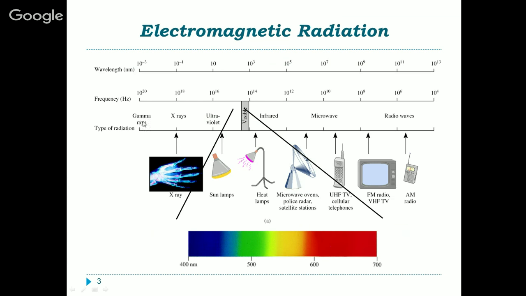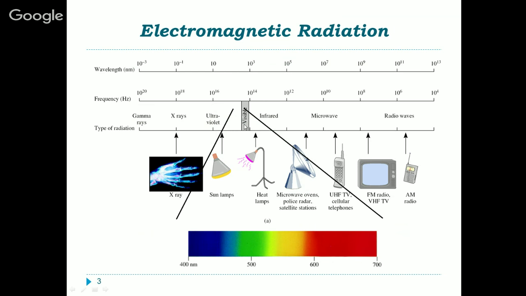So here's a scale representing the different types of electromagnetic radiation, going from highest energy to lowest energy. So gamma rays, X-rays, UV rays, all very high energy, which means that they have a large frequency and a very tiny, short wavelength.